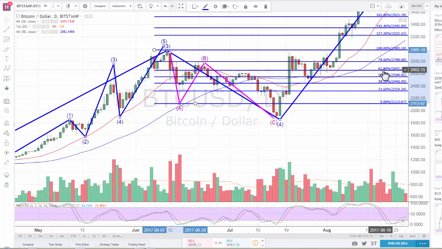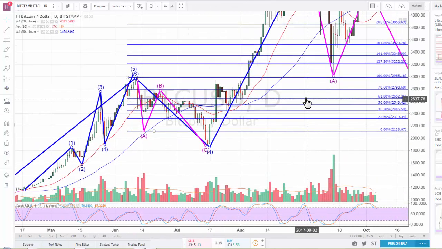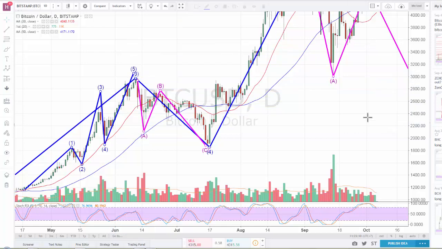It will retrace to 61.8, sometimes to the 78.6, but at the absolute minimum it needs to be the 50%. In this case, we are at the 61.8 and actually just touch the 78.6. So this is a qualifying ABC corrective wave here.